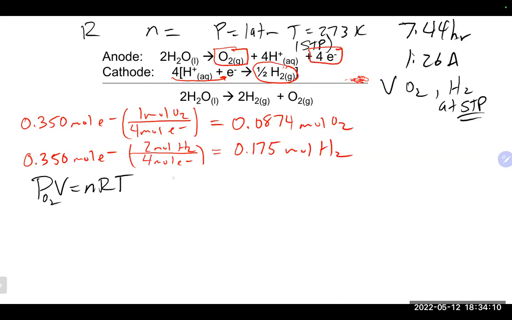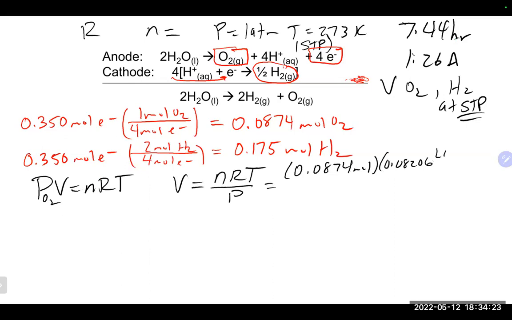If we solve for the volume, it would be nRT divided by P. That would be our 0.0874, our 0.08206 liter atmosphere per Kelvin mole, and our temperature of 273 Kelvin, all divided by our pressure, which would be 1 atmosphere in this case.